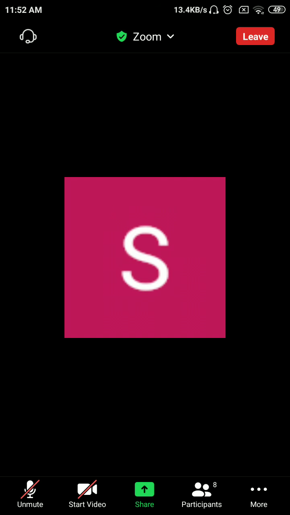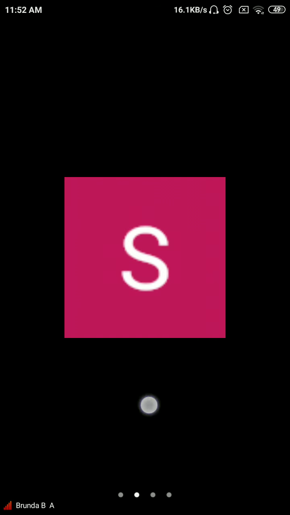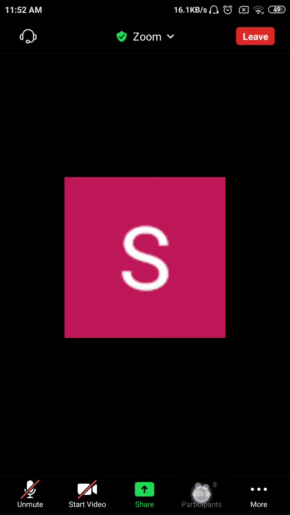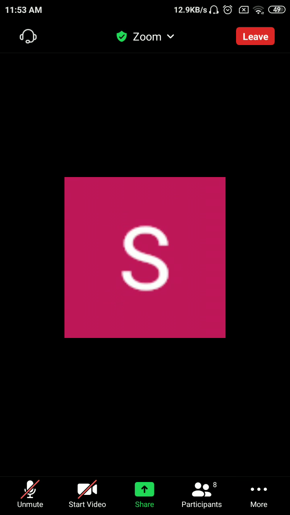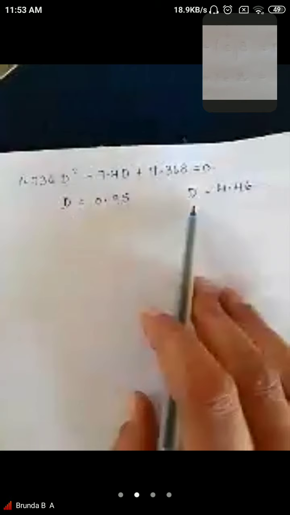Equating, we get the value of D is equal to 0.95. Next, the value of D is equal to 4.46. So we have two values for D here. We will check which value is correct.